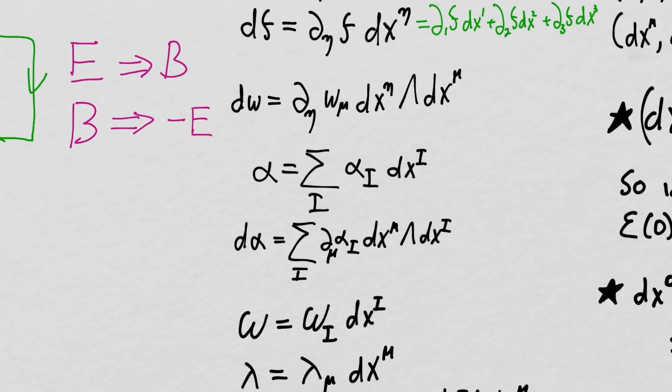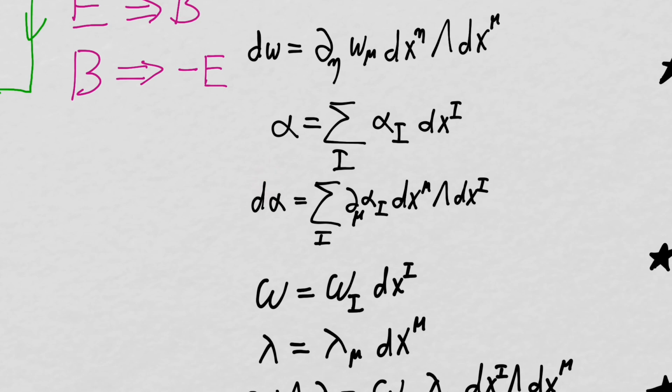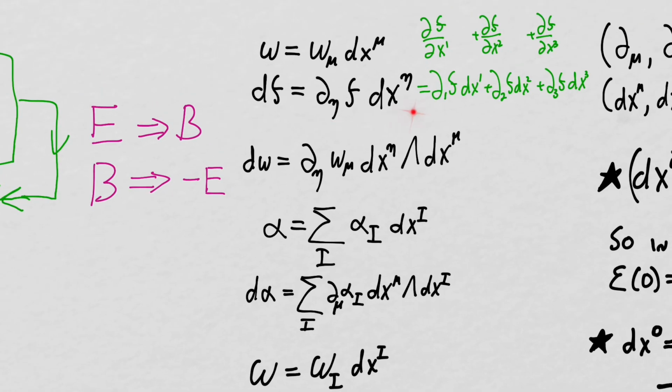Alpha is a k-form with the collective index I, and the exterior derivative of alpha is this sum over these partial derivatives of the components. The component is a function on the manifold, so these partial derivatives make sense. It's essentially using this definition here: we're taking the exterior derivative of a zero form.